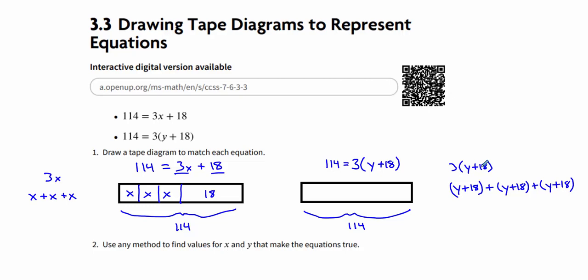So I'm going to split this up into 3 equal parts, and each part is going to be y plus 18.